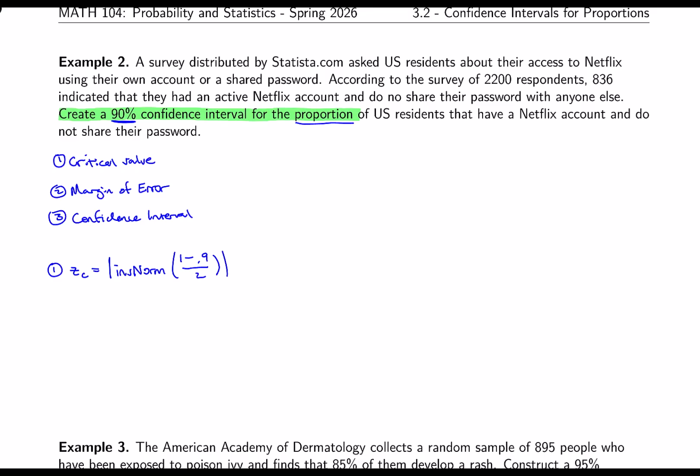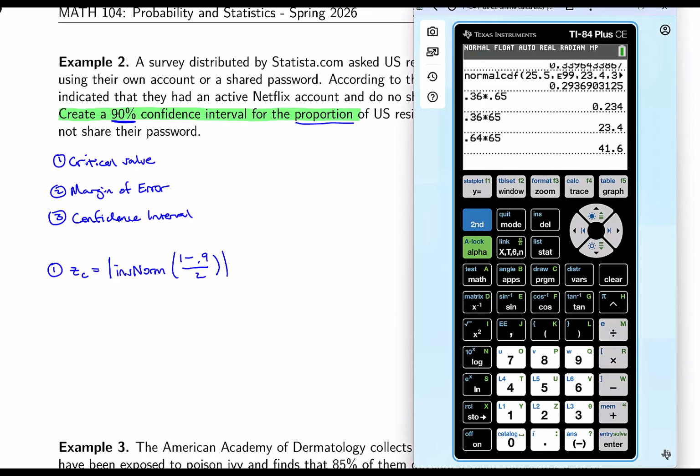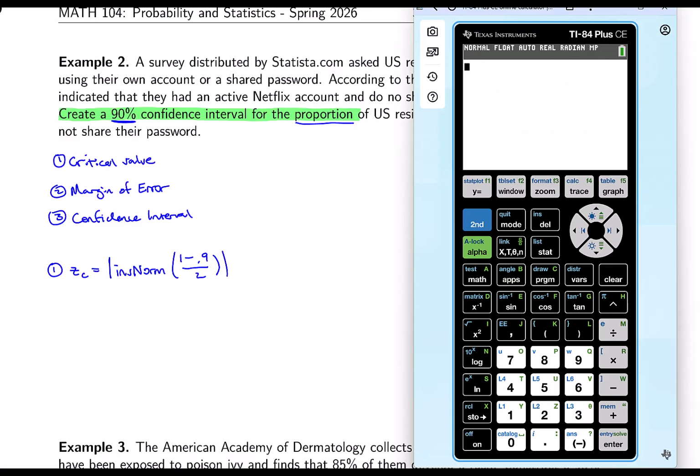Now, this is something from a previous section, so I'm going to use the TI calculator here. If you're using a different type of technology, you should know how to use it for this operation at this point. All right, so we'll do inverse norm. The area that we're using here is 1 minus 0.9, which would be 0.1.